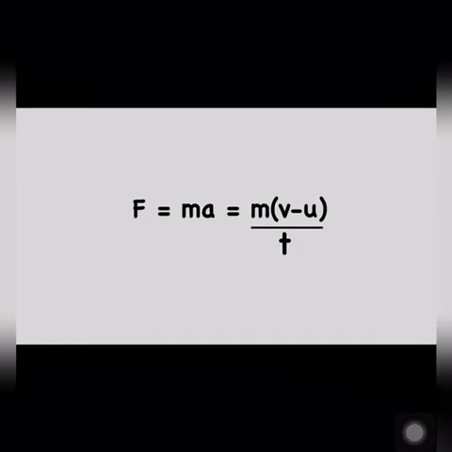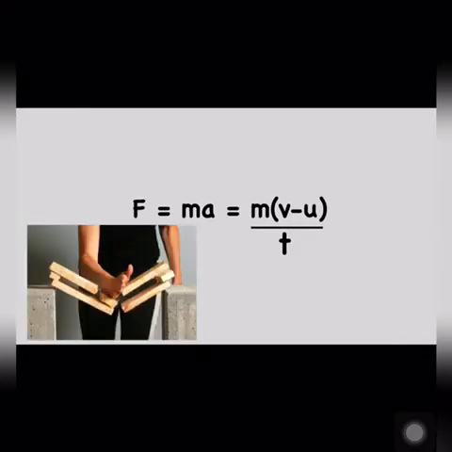So some of the other applications of Newton's second law: a karate player breaks a pile of tiles or bricks with a single blow. We all have seen that a karate player very swiftly breaks the pile of bricks or tiles. So when a karate player strikes the pile of tiles with his hands, he does so as fast as possible.